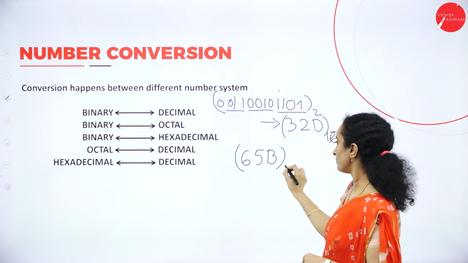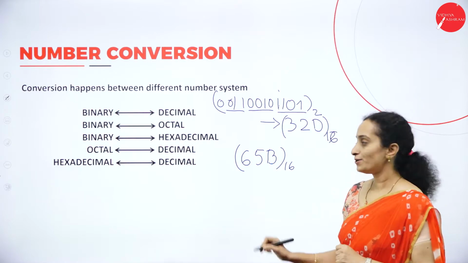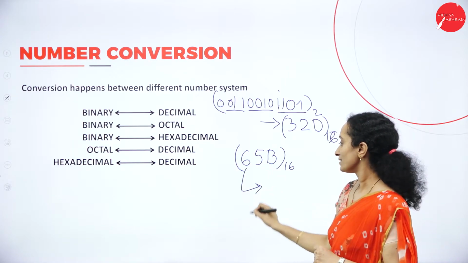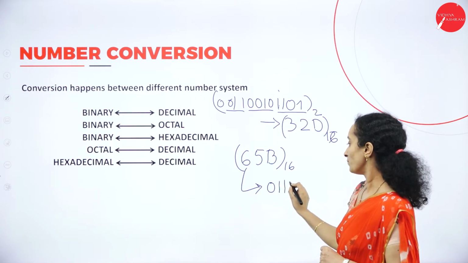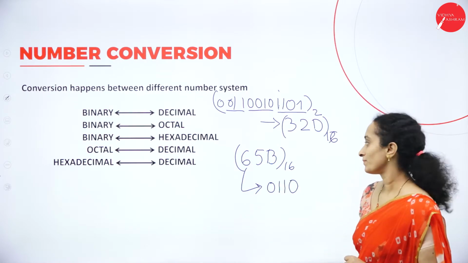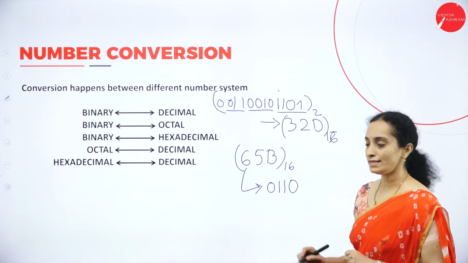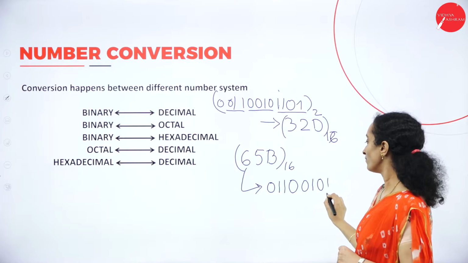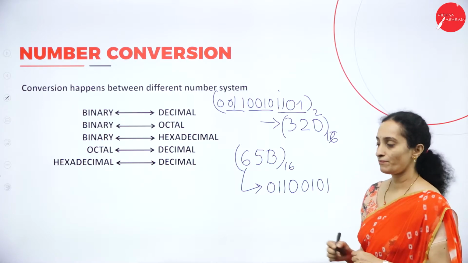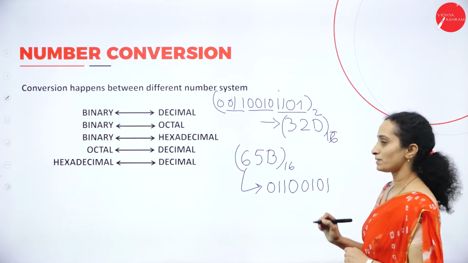65B with the base 16 to binary. 6 can be represented as 0110. 5 can be represented as 0101. Okay.